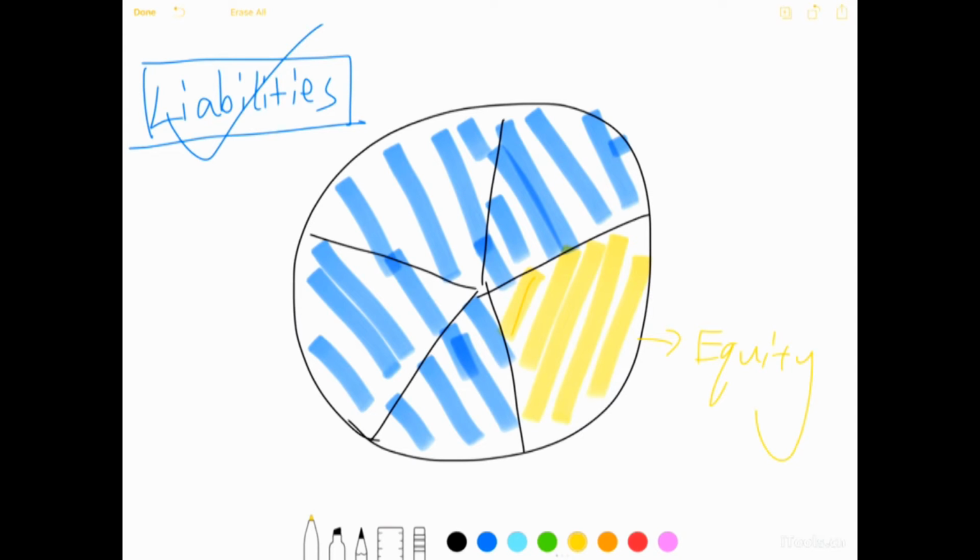Real simple. That is what's left over. I think that should be pretty intuitive for you to understand what equity is and what a liability is. And when you add liabilities and equity together, that should equal the assets. That is your pie, right? I really like the pie idea.